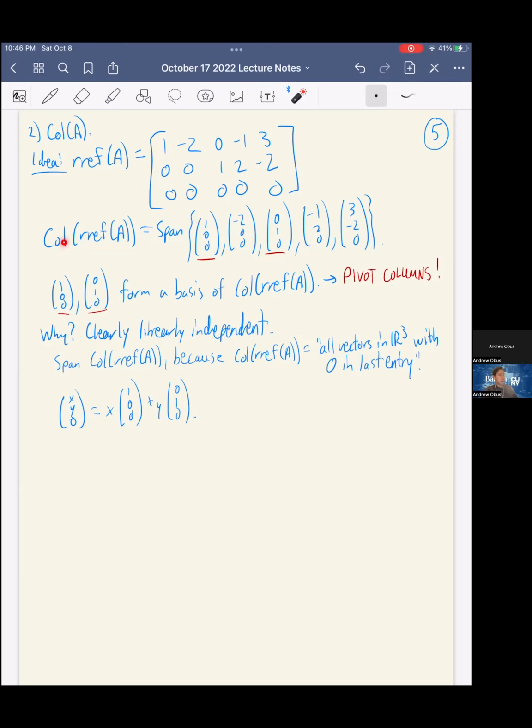So this just tells us something about the row-reduced echelon form of A. Okay. So we need to talk about this and say, so how does this tell us anything about A?